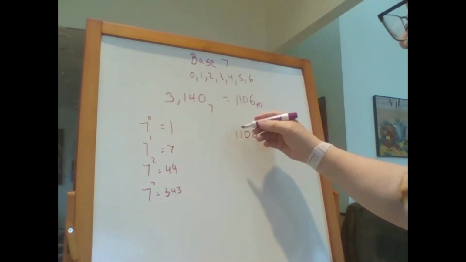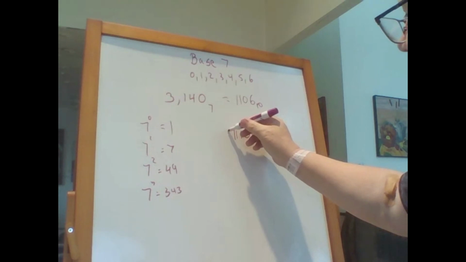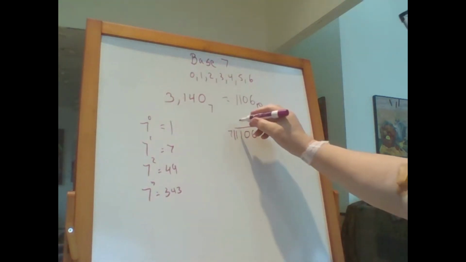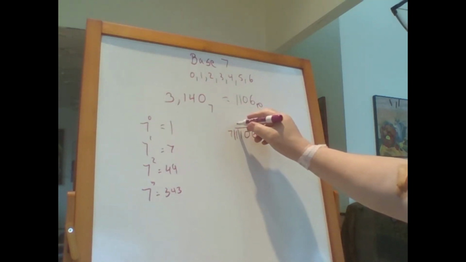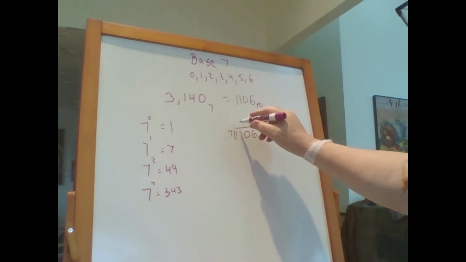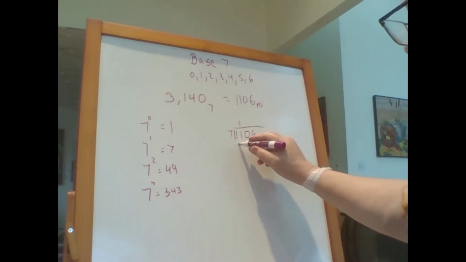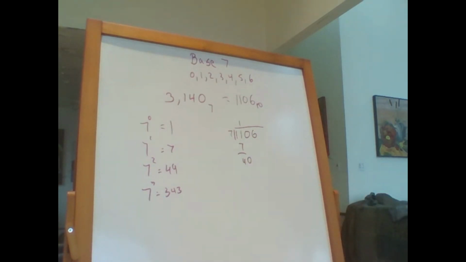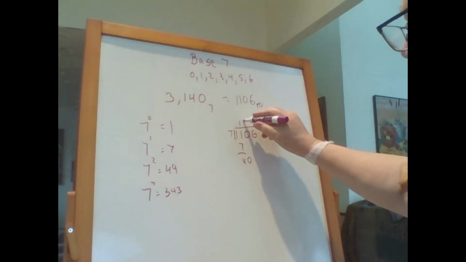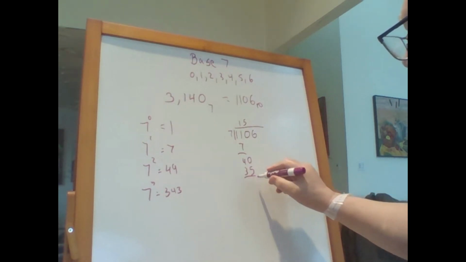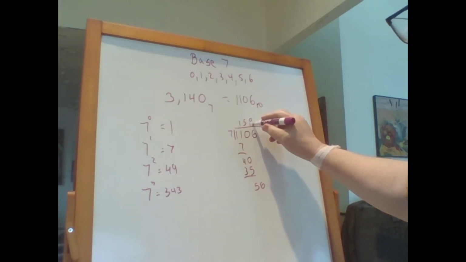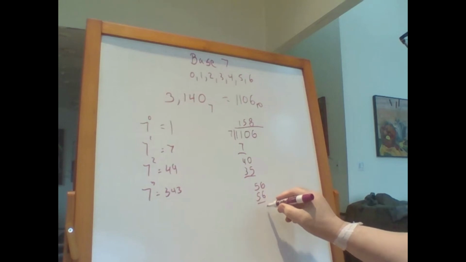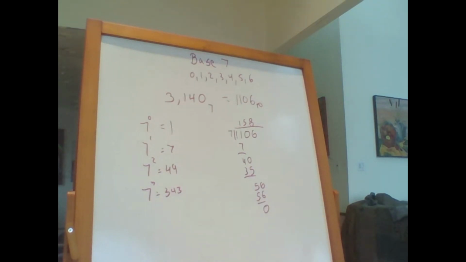Now we just take this and divide this by 7. 7 into 11 goes once. 7, 4, 0. This goes 5 times, 35. And that's 56 and 0. So 0 is our remainder.